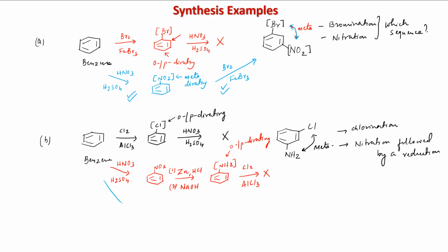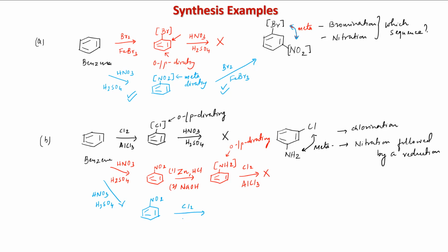So a third possibility is that we start with benzene and we do the nitration to give the nitrobenzene molecule. And before we do the reduction, we are actually going to do the chlorination.